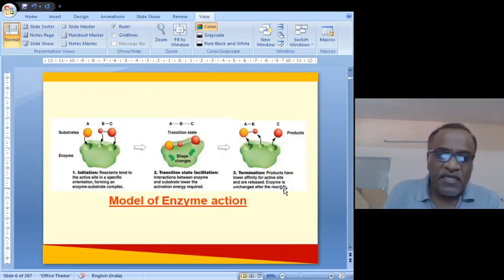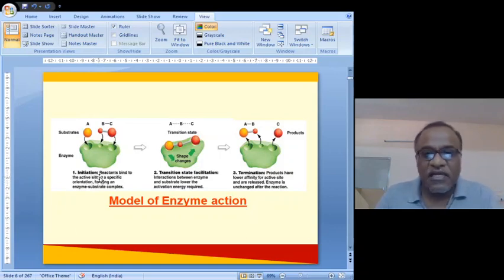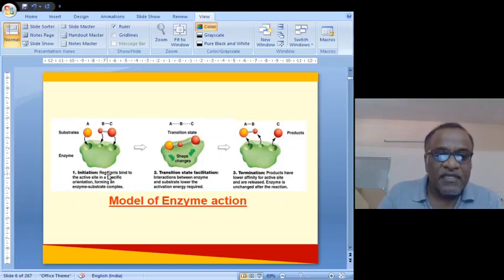Moving on, there is a beautiful model to explain the enzyme substrate reaction. This model is divided into three phases. Phase 1 is initiation, phase 2 is transition state facilitation, and phase 3 is termination. So what happens in initiation? Let us carefully understand. Here the reactants or substrates bind to the active site in a specific orientation.